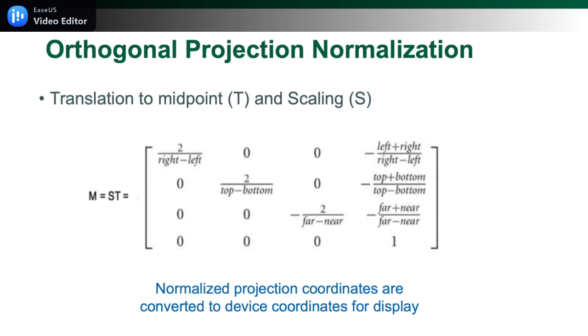This is an important thing, and that's why normalization is done, and it's a very powerful tool, so that now you can basically normalize any view volume to the standard volume, and then you can go ahead and project it on any screen just by converting the standard volume to the coordinates of the display.